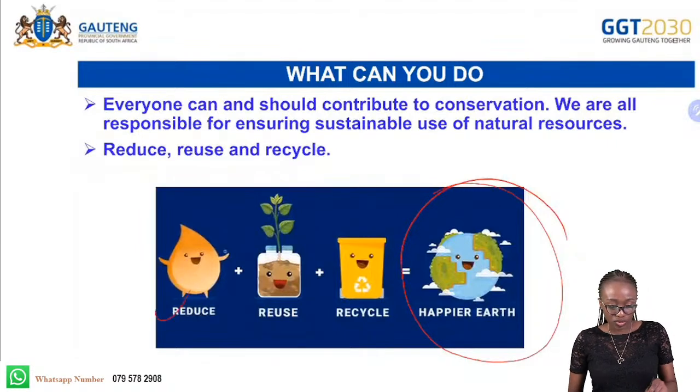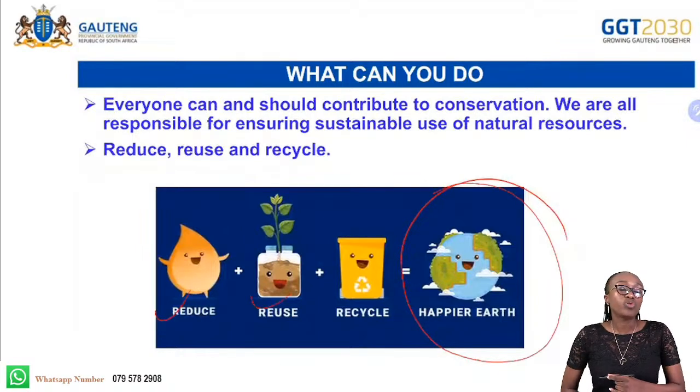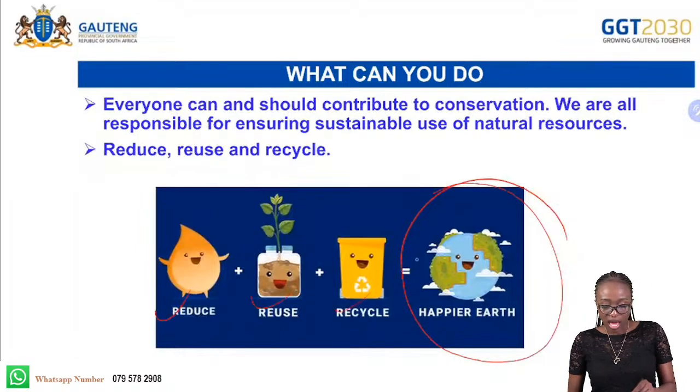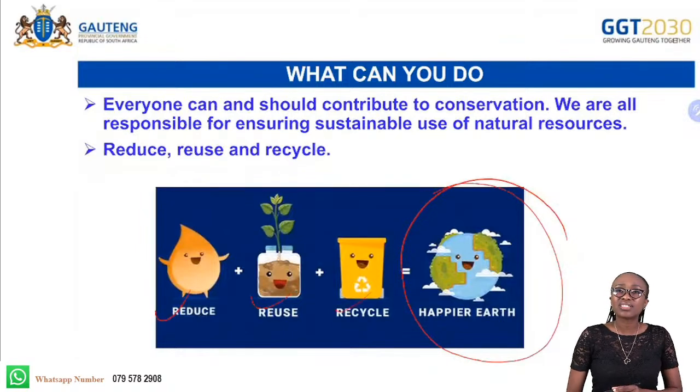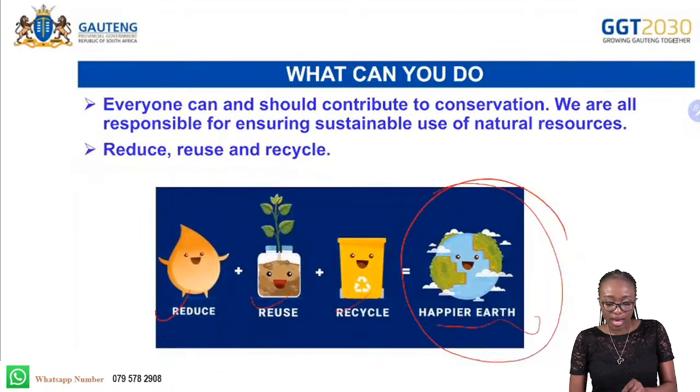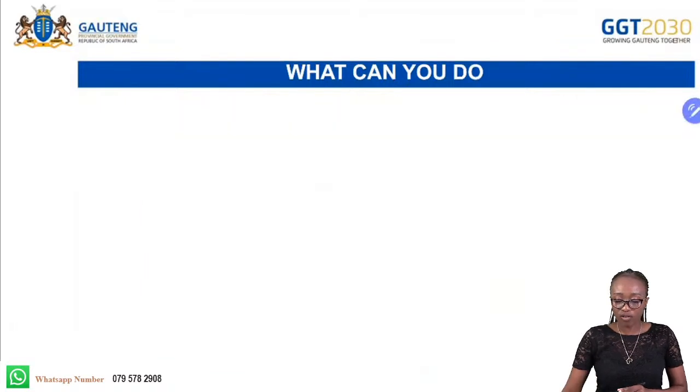You reduce your consumption. You can reuse by making sure you buy quality materials so that you are able to reuse them. And also practice recycling your paper, your plastic, your glass, and your metal. Then we will have a happier earth for all of us to enjoy.